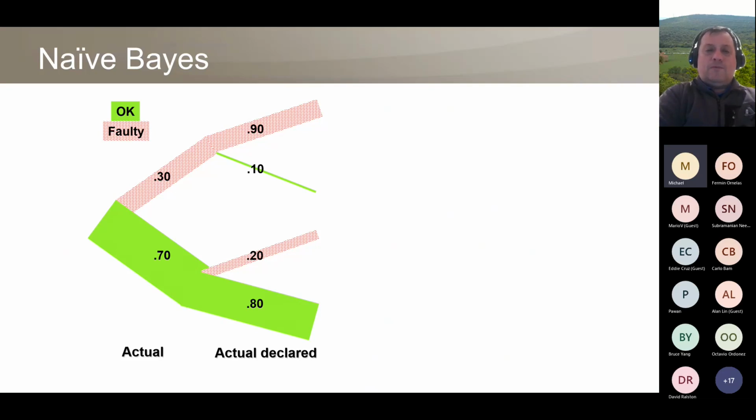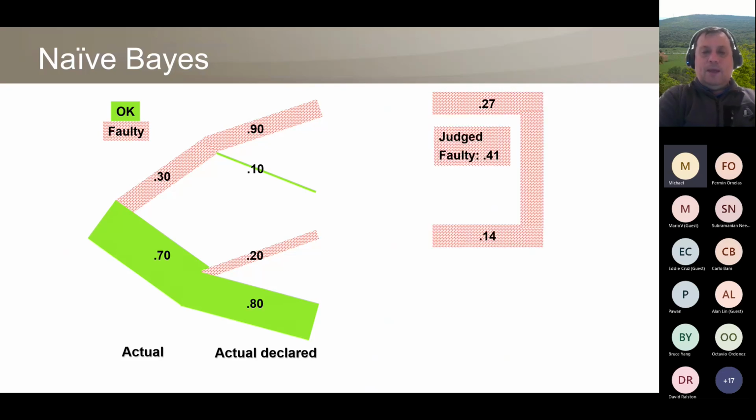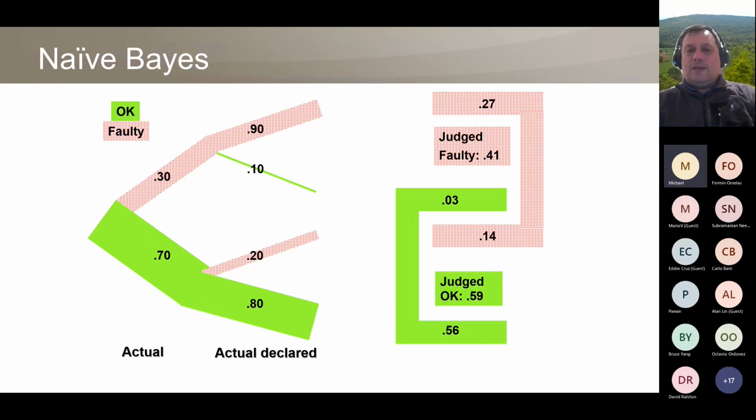For good cars, my friend will be wrong in 20% of cases. They will be declared as faulty, and in 80% of cases, they will be declared as good. So altogether, my friend will judge 41% of cars as faulty and 59% as okay.